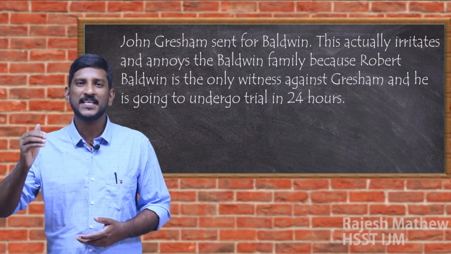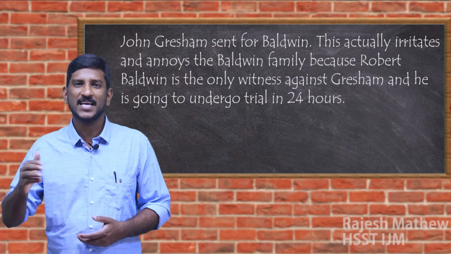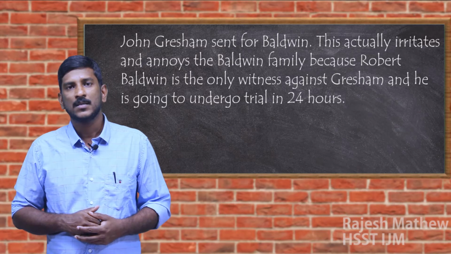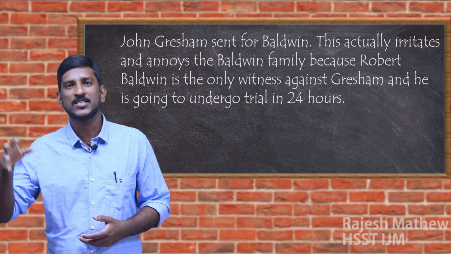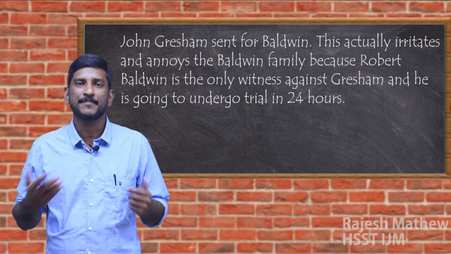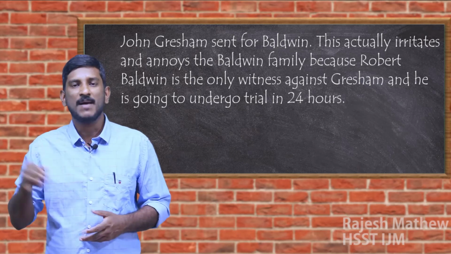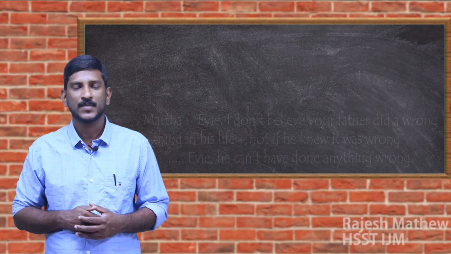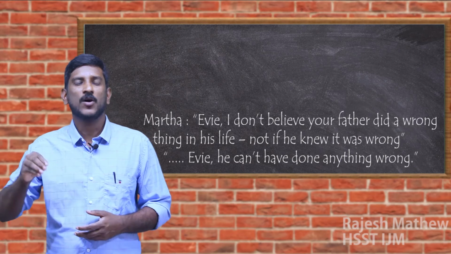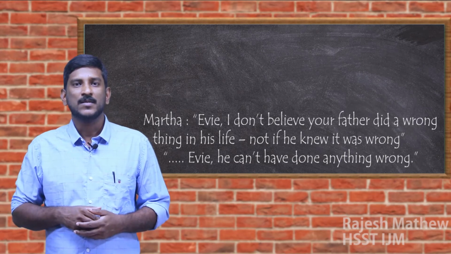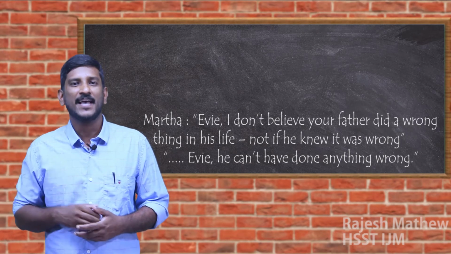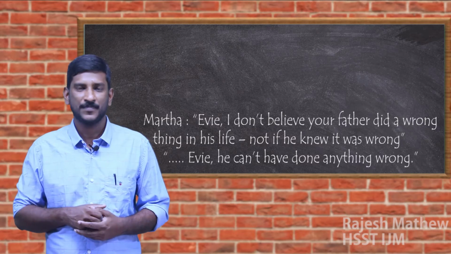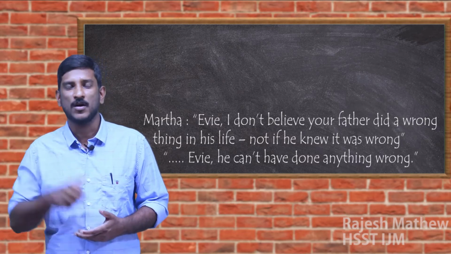And why didn't he stop Gresham from misappropriating the funds of the depositors? The words of Martha: Evie, I don't believe your father ever did a wrong thing in his life if he knew it was wrong.